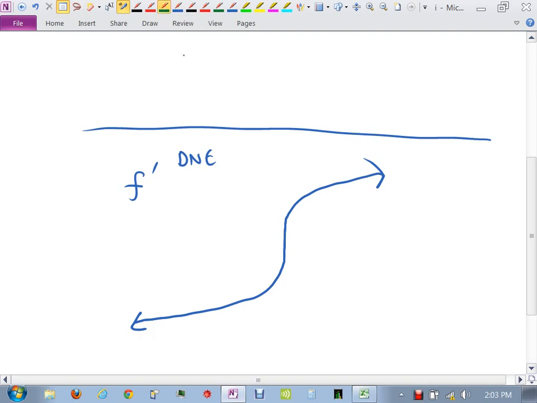What happens is that your tangent lines on this one, as you start going here, they start to become vertical, don't they? And vertical lines have undefined slopes. So at this point here, you have a straight up and down derivative. So the derivative does not exist there. But that's clearly not a local maximum or minimum. So again, it goes back to the order of things. If it is a local max or min, guaranteed derivative 0 or doesn't exist. If the derivative doesn't exist or is 0, that doesn't tell you anything.